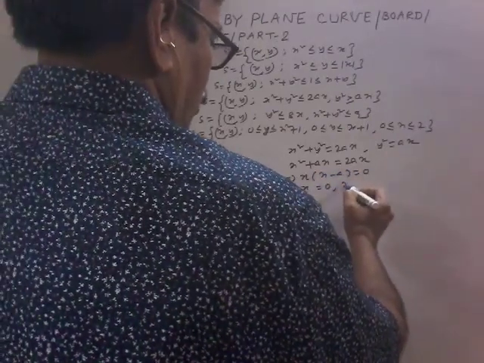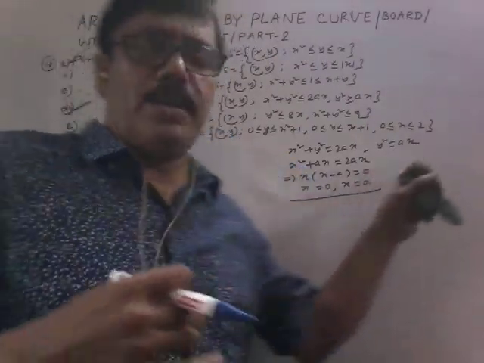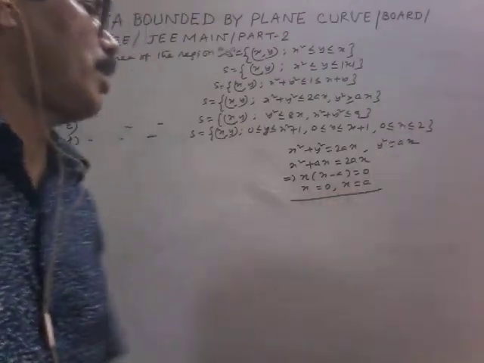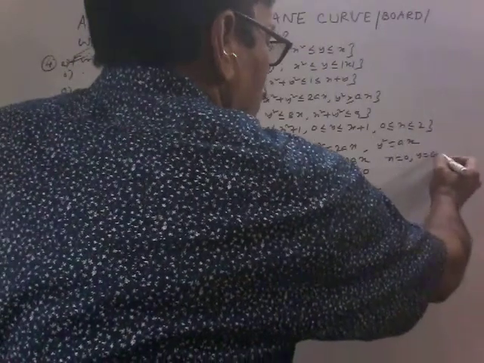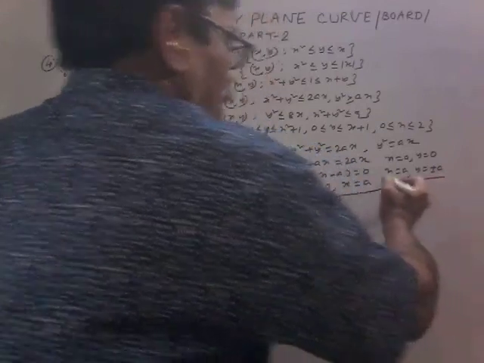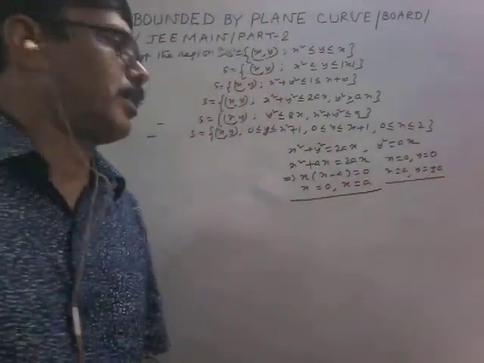So x equals 0, x equals a. We can also find y. If x equals 0, y equals 0, so this is one point. For x equals a, y equals plus or minus a. To draw the figure, we need the points of intersection.